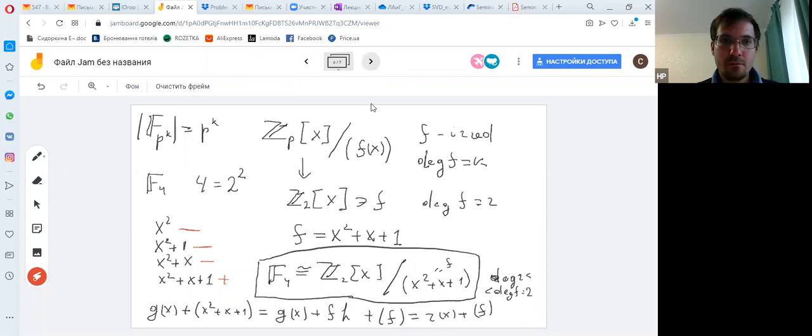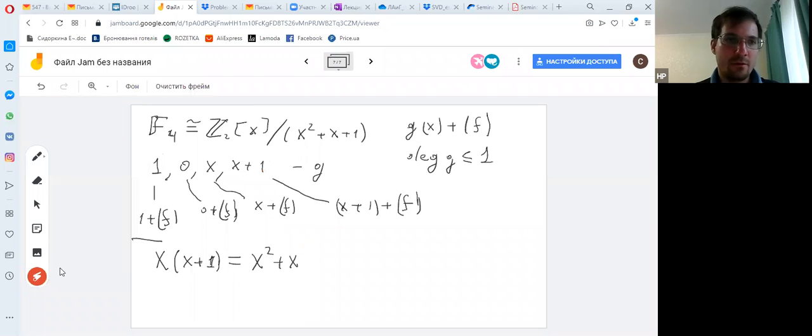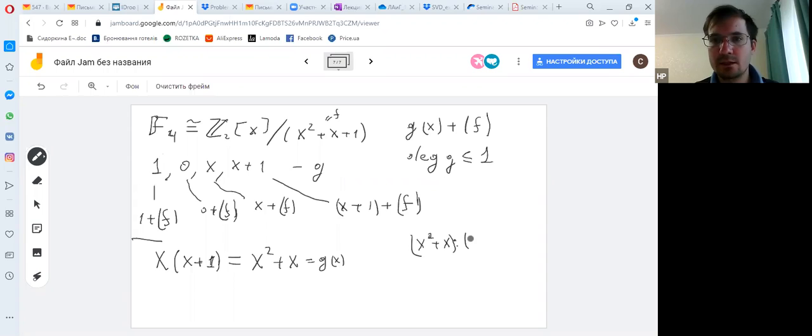So now this is g, this is f, and I should find the remainder of x squared plus x divided by x squared plus x plus 1.